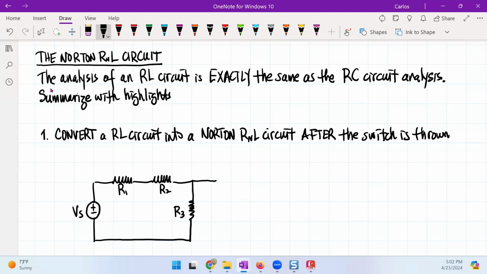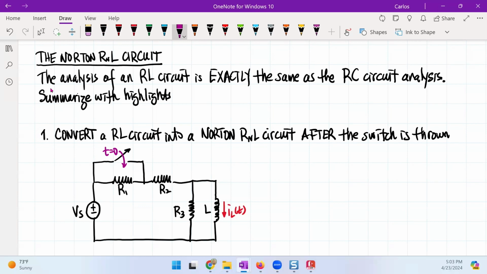But this time, we have an inductor in the circuit instead of a capacitor. Our whole goal is to determine the current of this inductor. And just like last time, we're going to have a switch. When this switch closes at t equal to 0, we then focus on what we need to do.